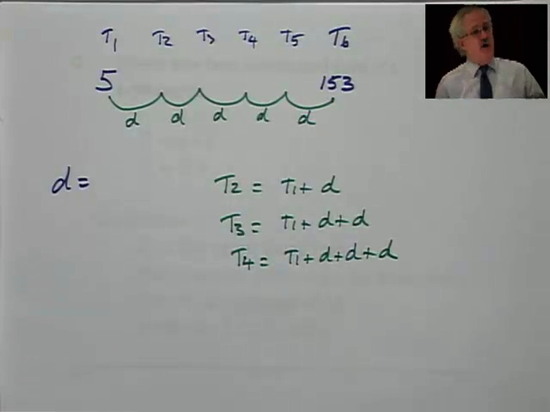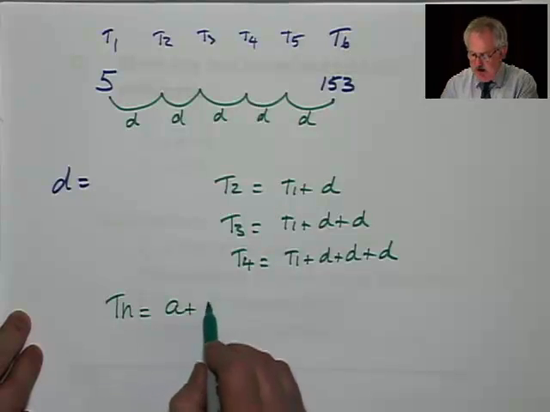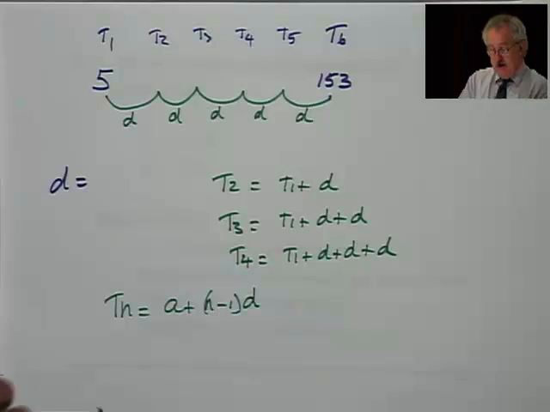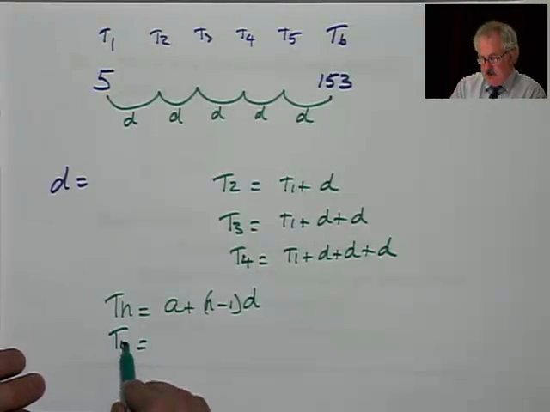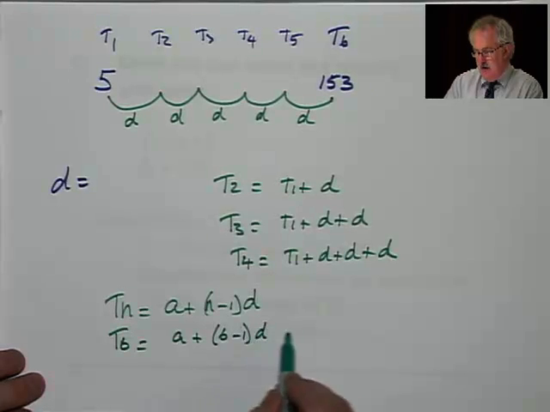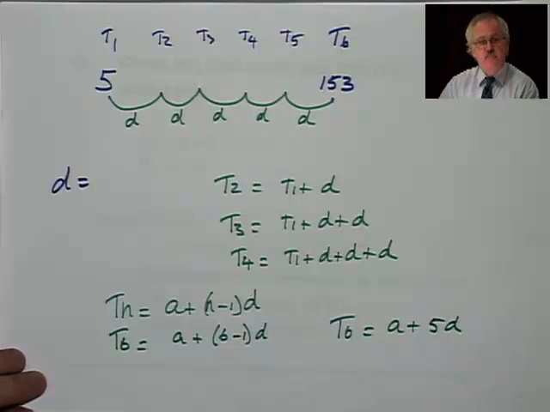Or I could look up the formula. And the formula says that Tn is equal to A plus (n minus 1)D. It would actually tell us that T6 is equal to A plus (6 minus 1)D, or that T6 is equal to A plus 5D.